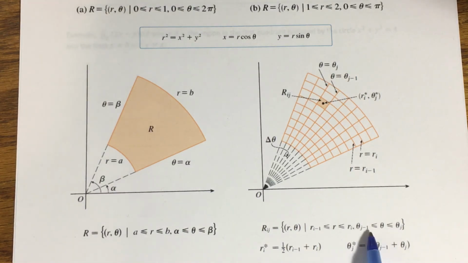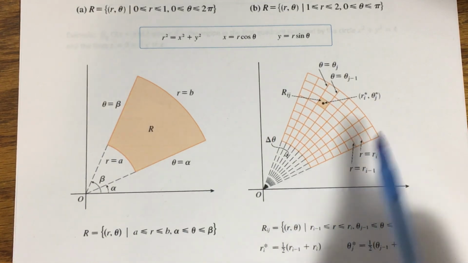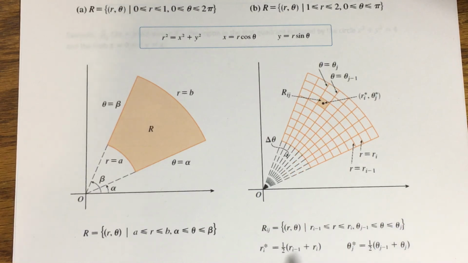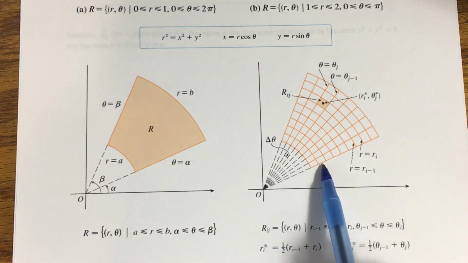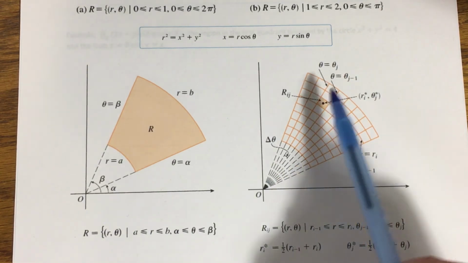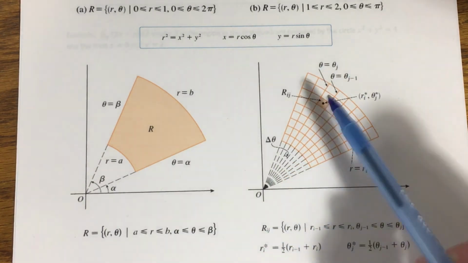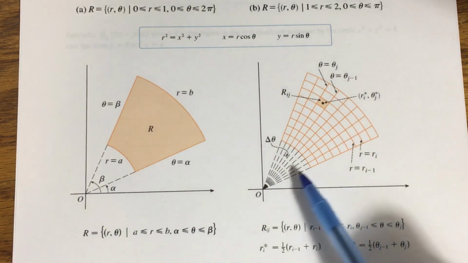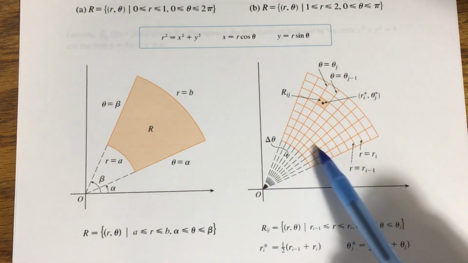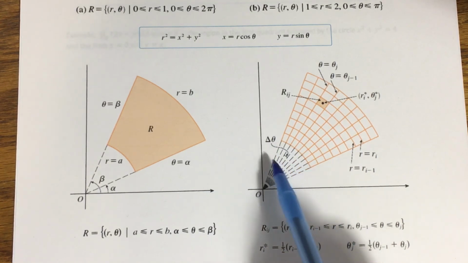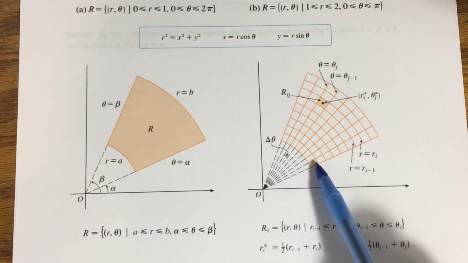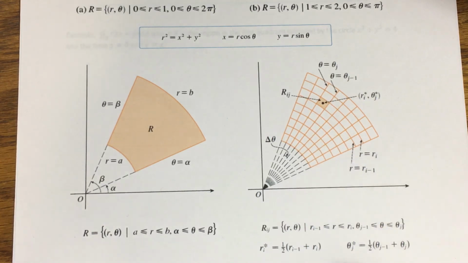If I take my theta interval, so theta which goes from alpha to beta, and I break that up into a bunch of subintervals with their endpoints denoted by theta 1, theta 2, and so on and so forth, then that corresponds to these different spokes. I like to call these spokes because if I made a big circle here and put a bunch of lines through them, it looks like spokes on a bike wheel or something like that. So you get these different spokes which are uniformly spaced as far as their angle between each other. That creates this grid of polar rectangles in here.